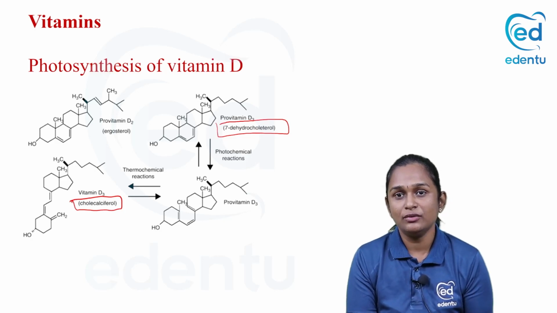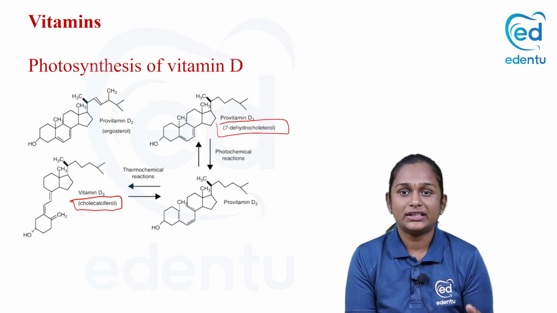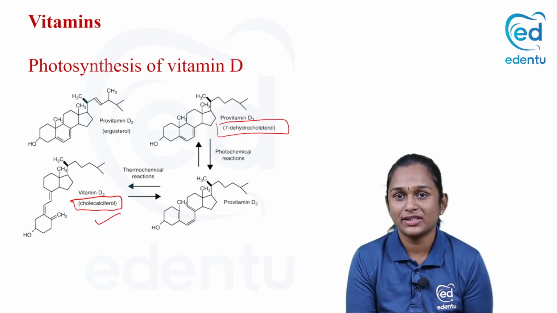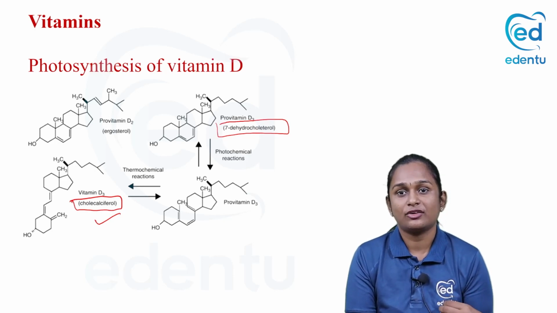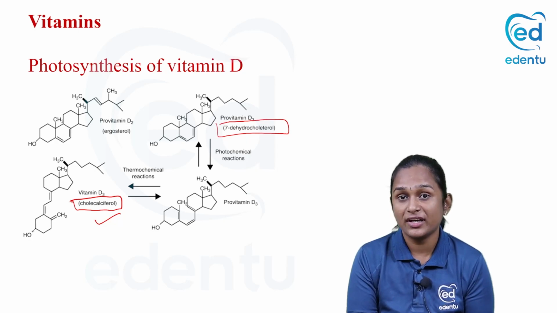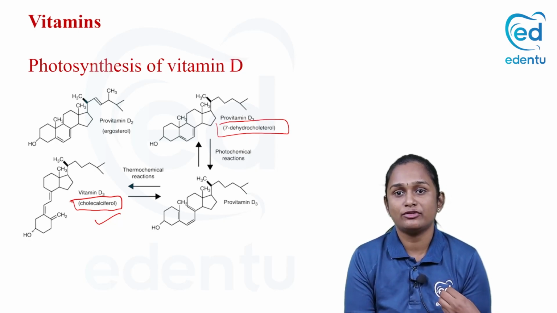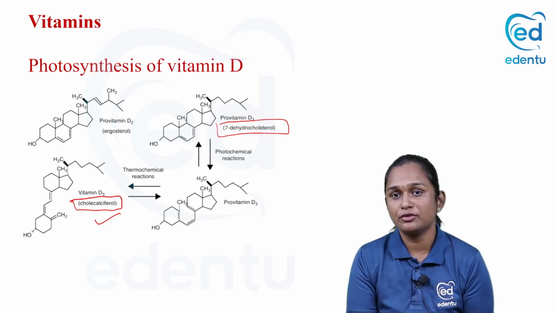So this is how from 7-dehydrocholesterol, vitamin D3, that is cholecalciferol, can be synthesized. How can it be synthesized? By a series of reactions called thermochemical reactions. When the skin is exposed to light, the 7-dehydrocholesterol gets converted to cholecalciferol.